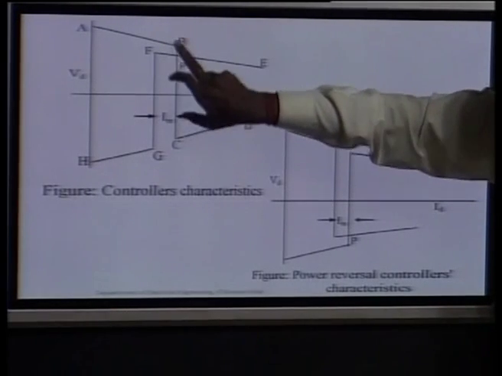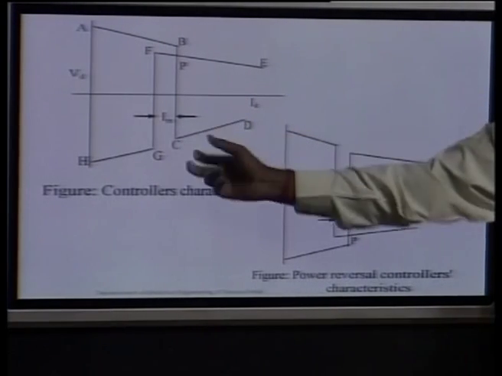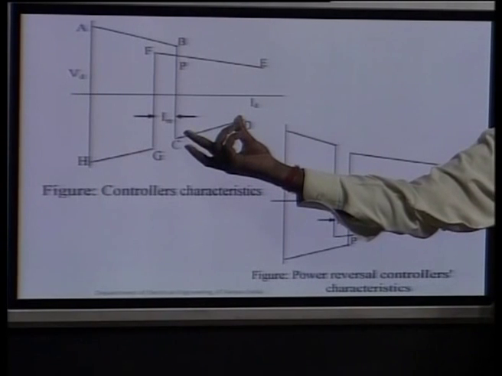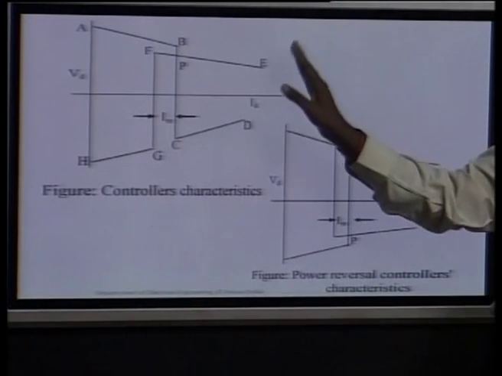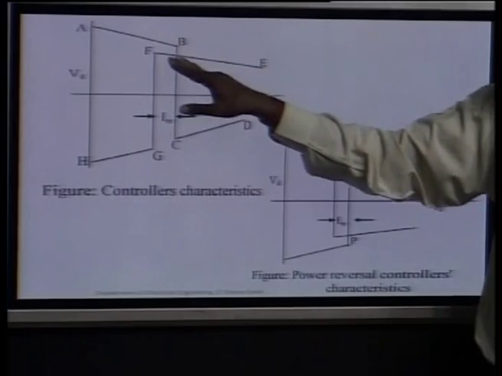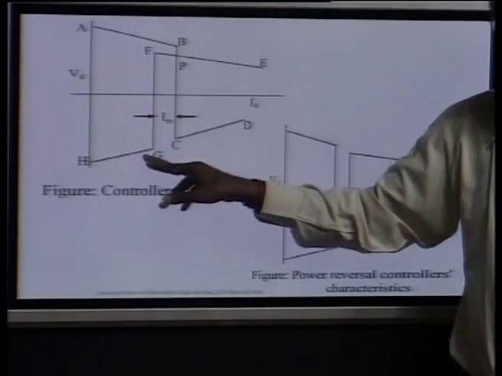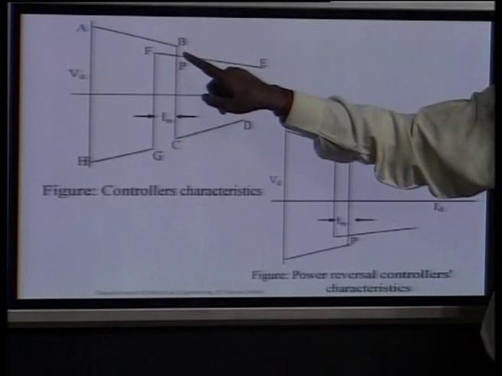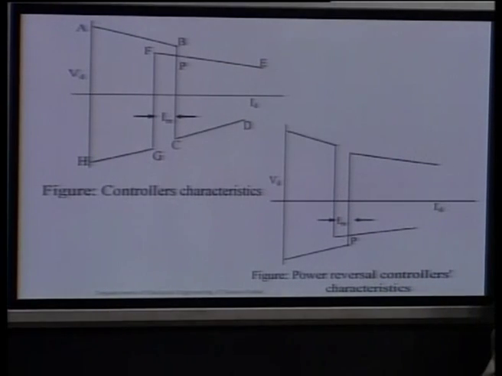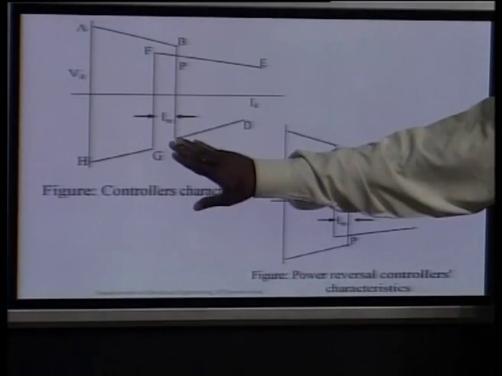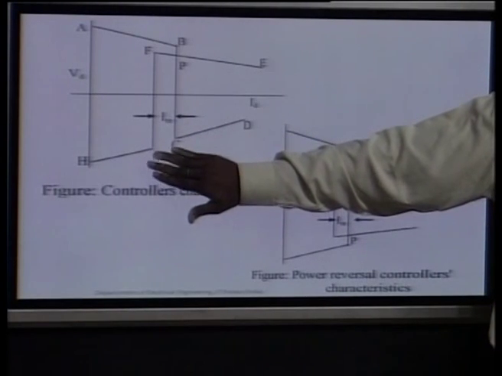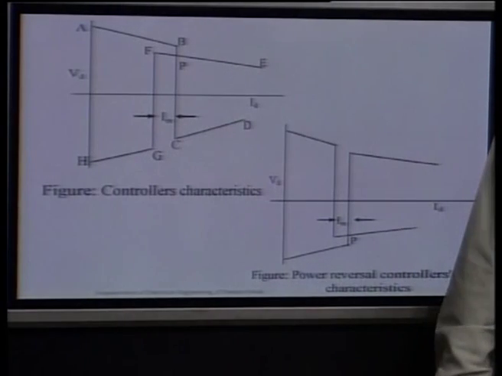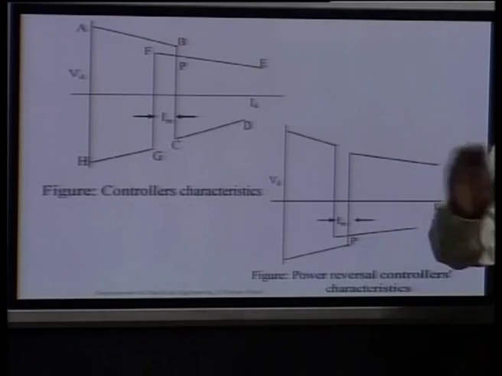For this case it is a CC and then it is your CEA control. Similarly, when it was inverter, it is a CEA then CC, but here alpha minimum is going to be controlled. Now you can see here the intersection point P is possible in the rectification, but here there is no intersection in this one. So you cannot operate with this characteristic in the power reversal case.